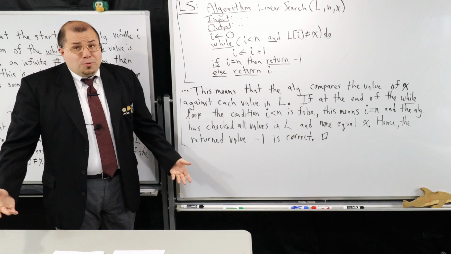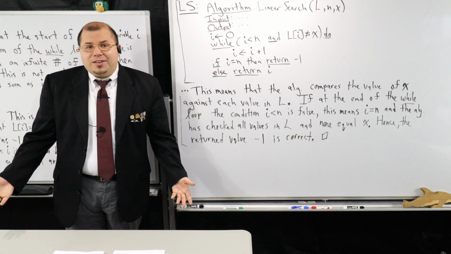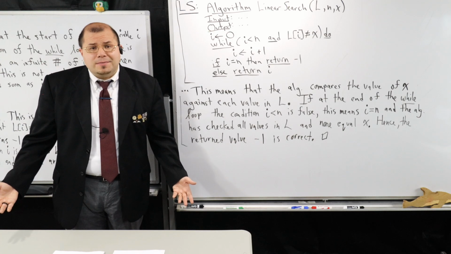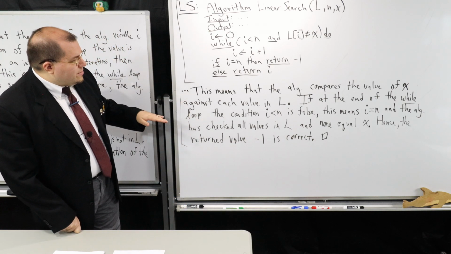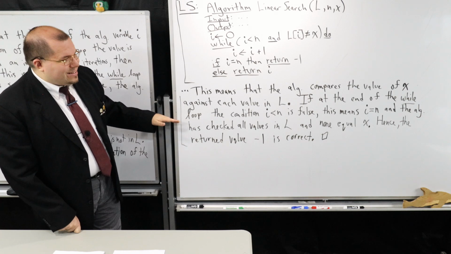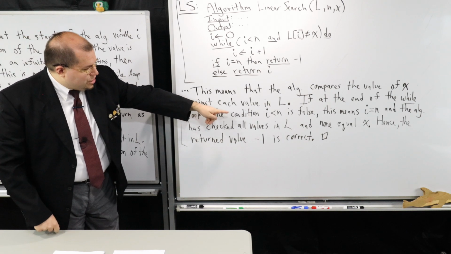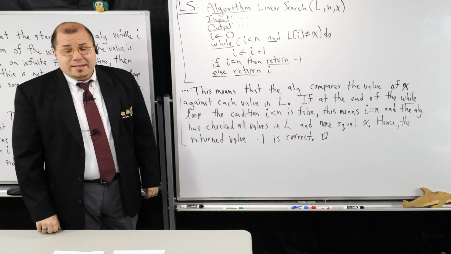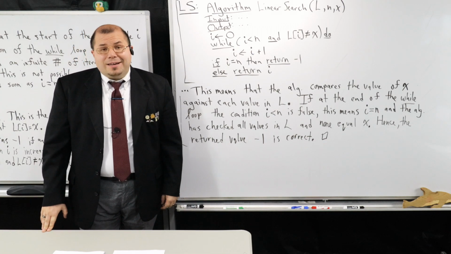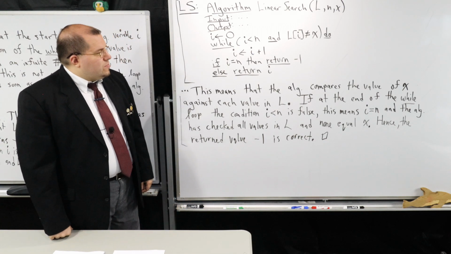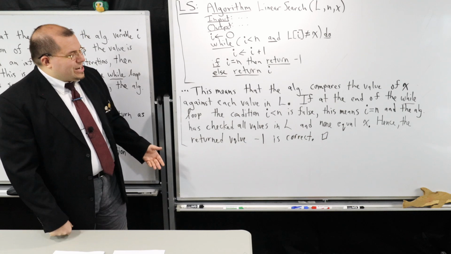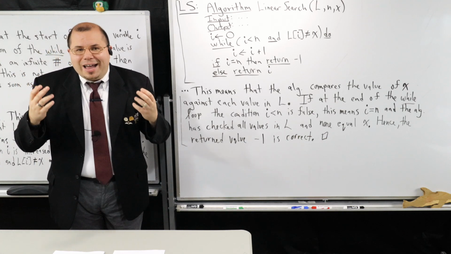But when does the while loop terminate, in this case, when it returns -1? Well, it's when I is equal to n, right? That means the condition that I is less than n gets violated, meaning that I is equal to n. But what does that mean? That means that it checked all the values of L, right?